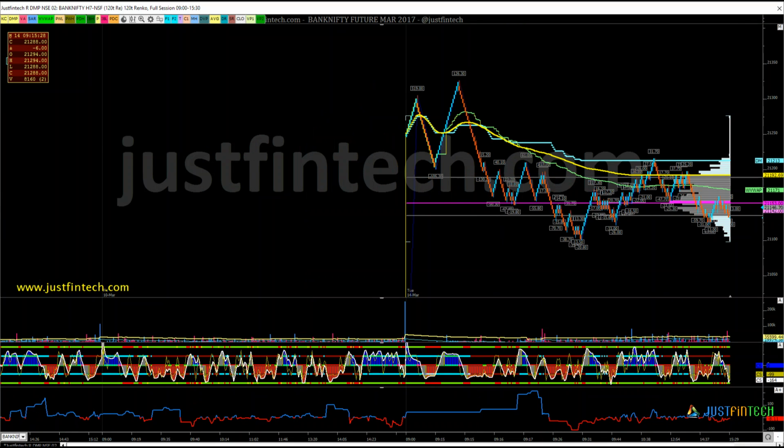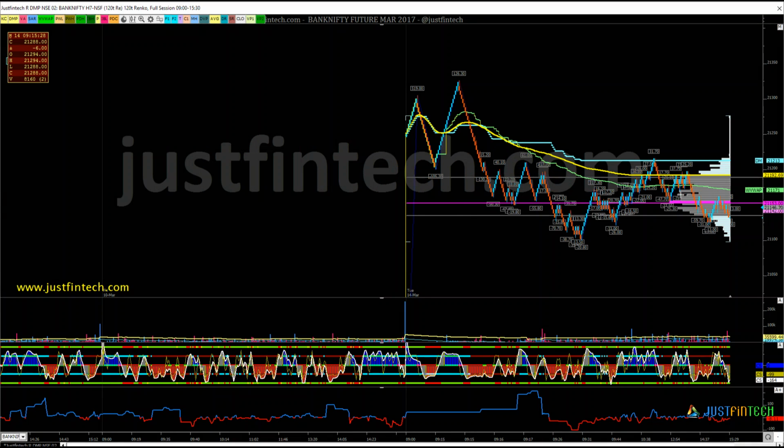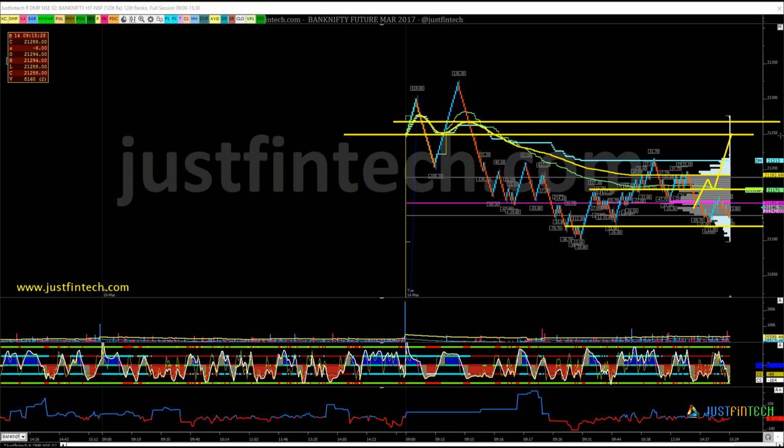Now let's have a look at what we can expect for today. So this and this becomes that zone. Open somewhere here, push above 170, test it back, push through this with a thrust, push through the 21,192, 195 zone with a thrust, and go into the 250 zone, which is almost the opening as well as the mid of this.